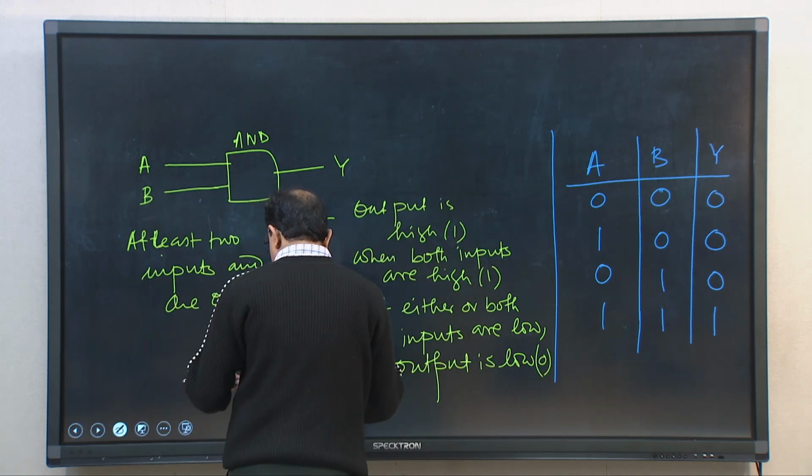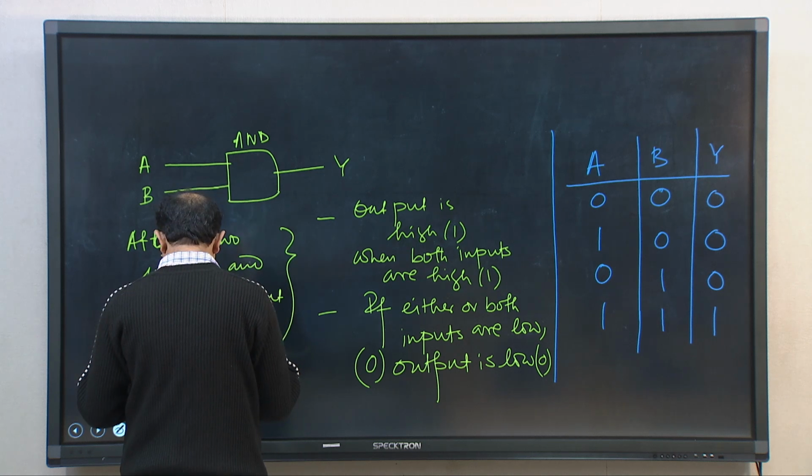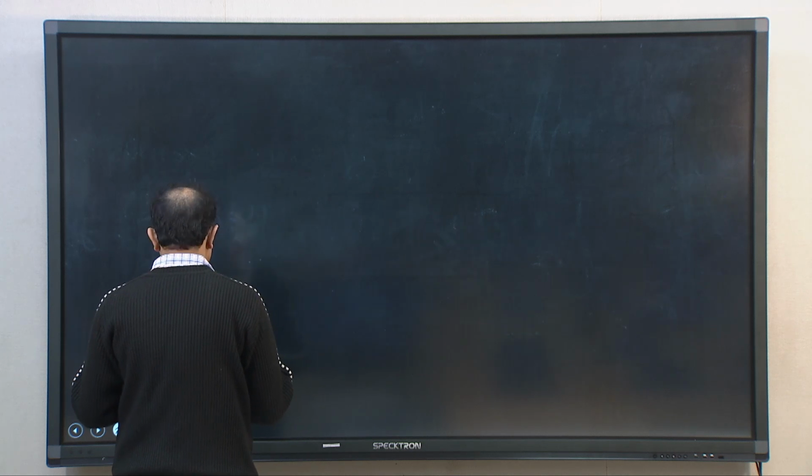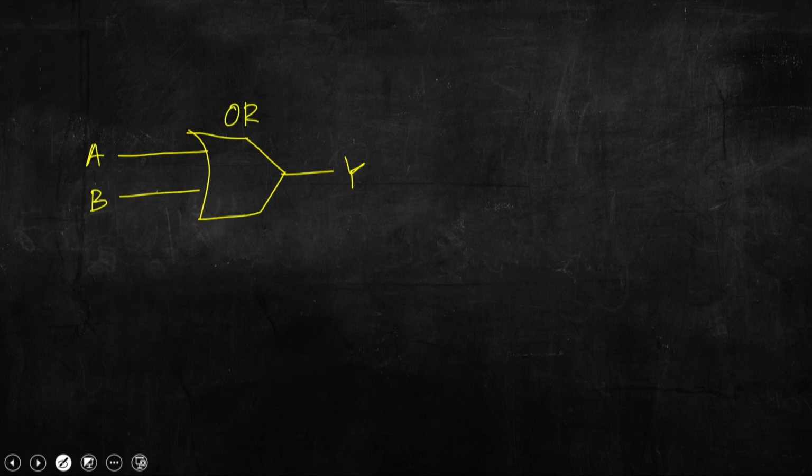Now if we go to the OR gate, if we write the schematic, this is Y. Again we have 2 inputs A and B, and the output is Y. This is the OR gate.